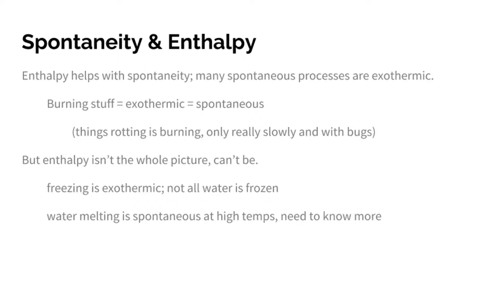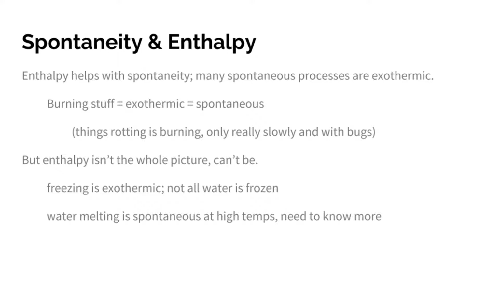It's a spontaneous process. Okay? The unburned stuff is at high chemical potential energy. The burned stuff is at low chemical potential energy. So it wants to go from unburned to burned. Okay? It's a spontaneous process. Things rotting is also spontaneous. That is like burning, only really, really slow and stinky, and there's bugs. Okay? But enthalpy isn't the whole picture.